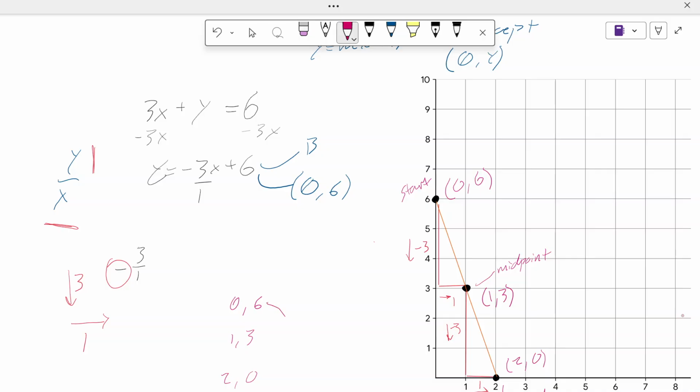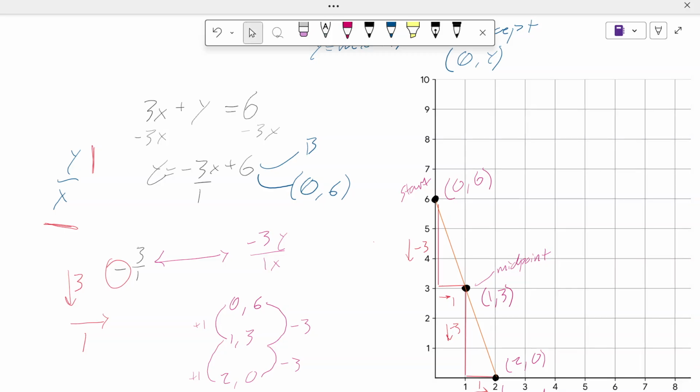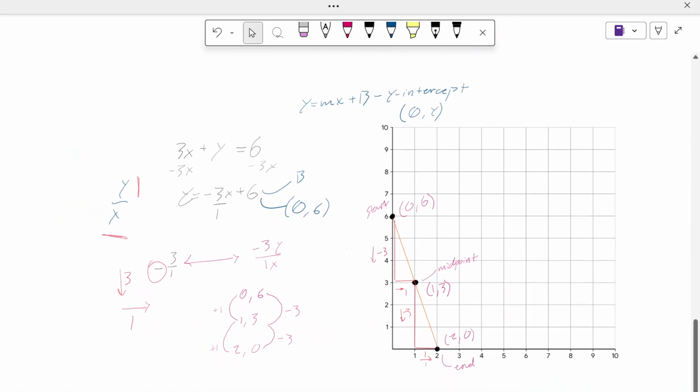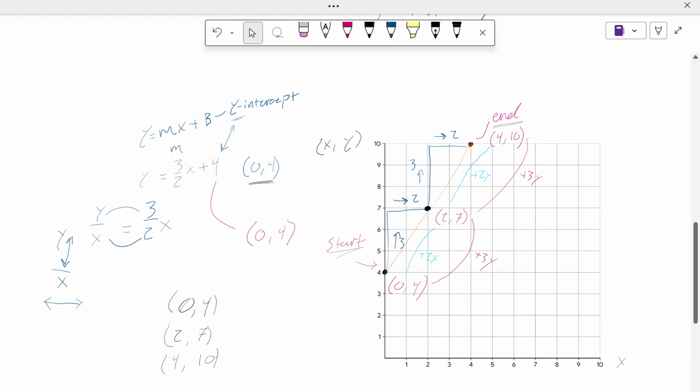What we can look at is we're going down minus 3, minus 3, plus 1, plus 1. And we have negative 3 on our y-axis, negative 3y over 1x, which is the exact same thing as that. So we have now officially finished our second graph in our second equation.